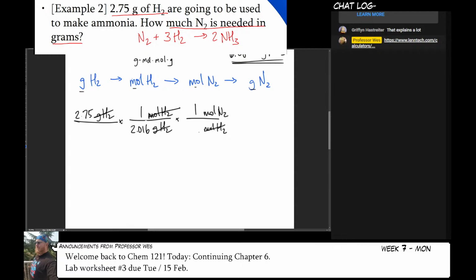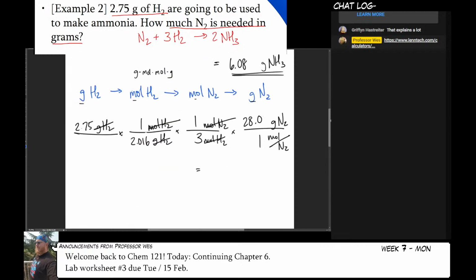For every 1 N2 I put in, I also have to put in 3 H2. So just match up the numbers from the balanced equation. And then how many grams are in a mole of N2? This is me crossing it out. According to Lentech, that is 28.02. That should be the same number as you got before. Could be 28.01, I'm trying to do it from memory. What did we write down before? We wrote 28.01. Okay.